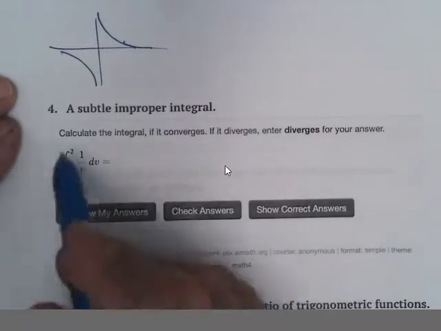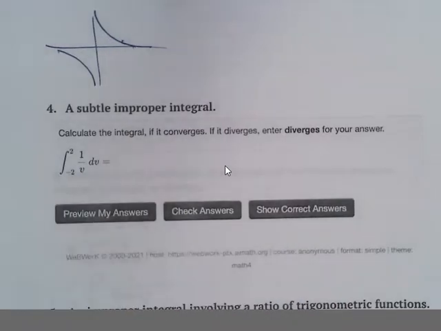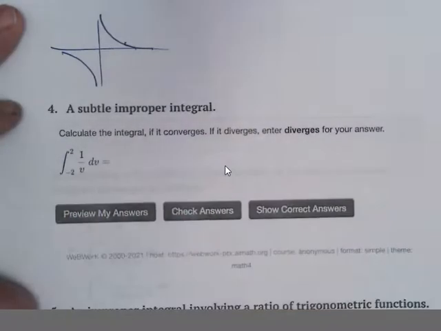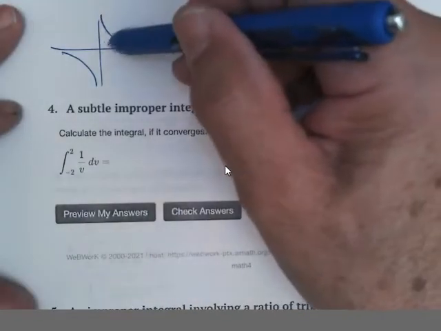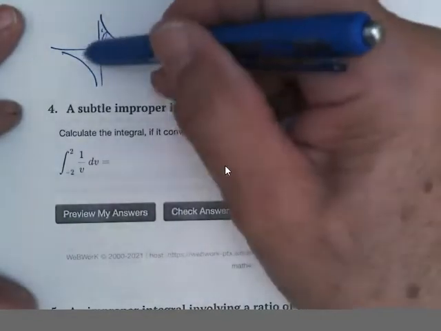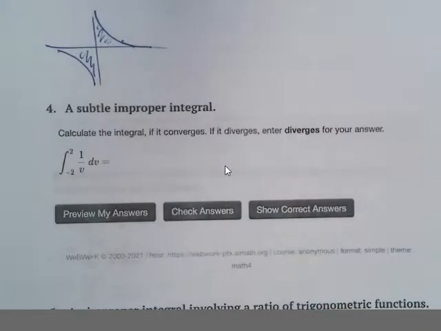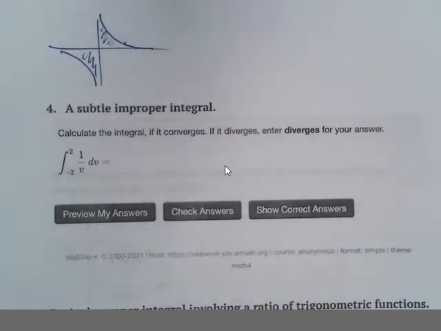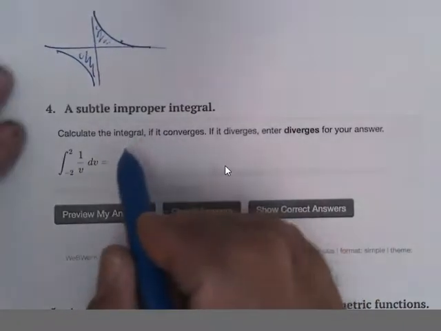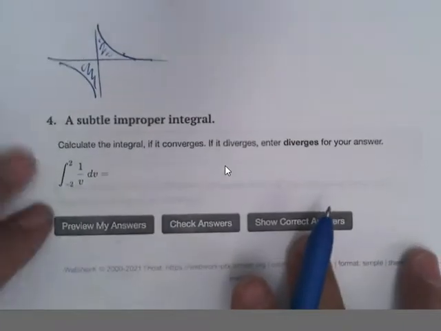So we need to split this up into 2 pieces, or maybe do 1 and then double it. Or let's see, if we're going to do from minus 2 to 2 of 1 over v, this area and this area is going to cancel, because that's negative and that's positive, and so we're going to get 0 for an answer on this. But let's use the improper integral thing.